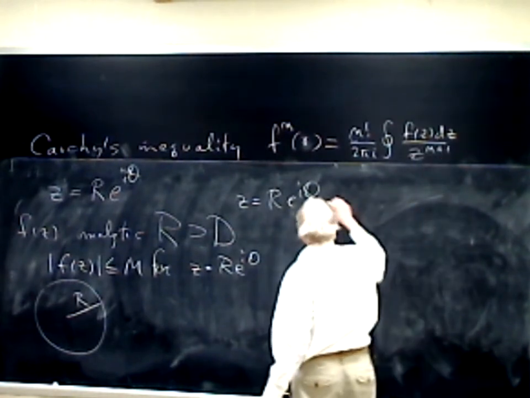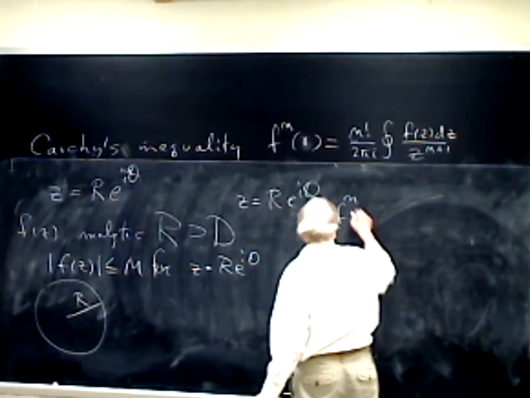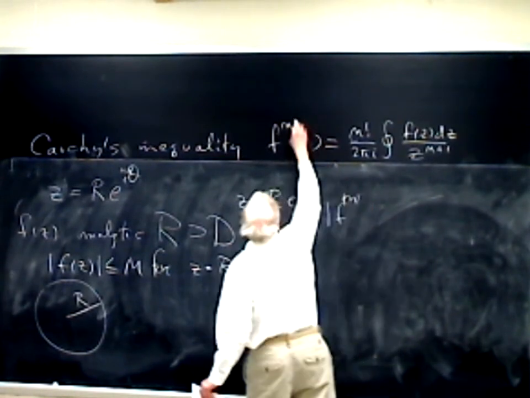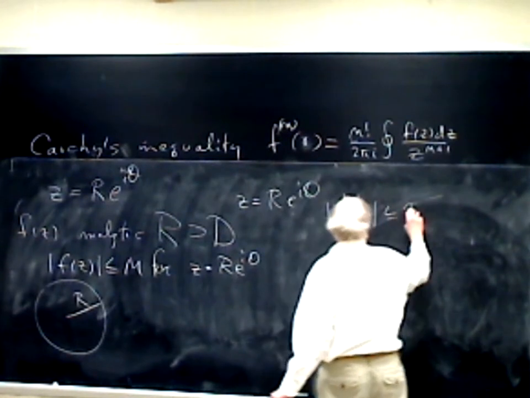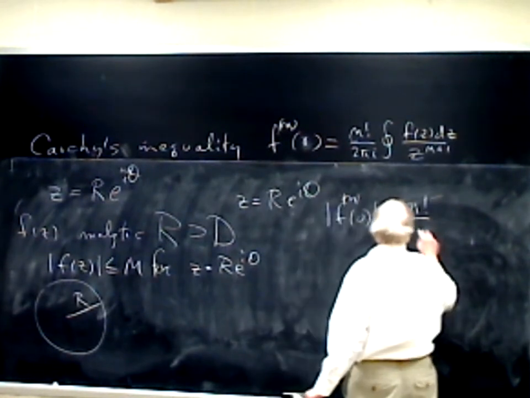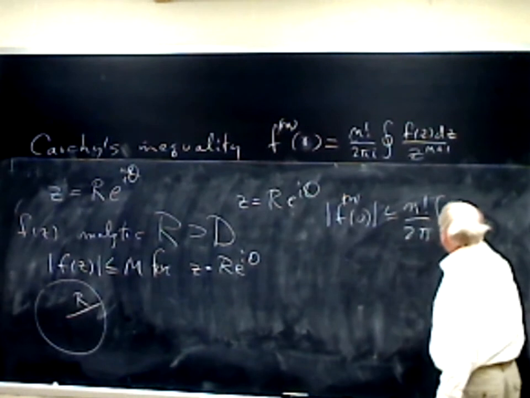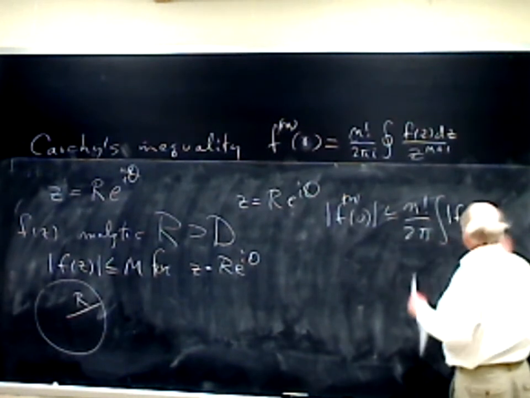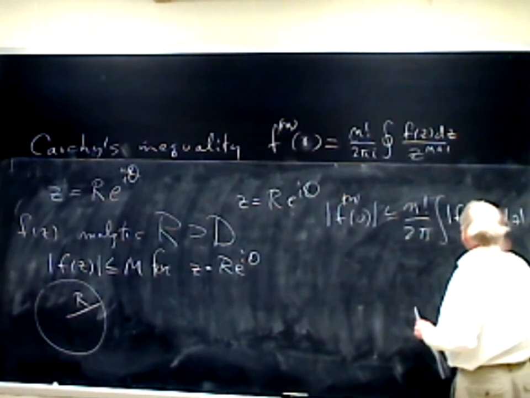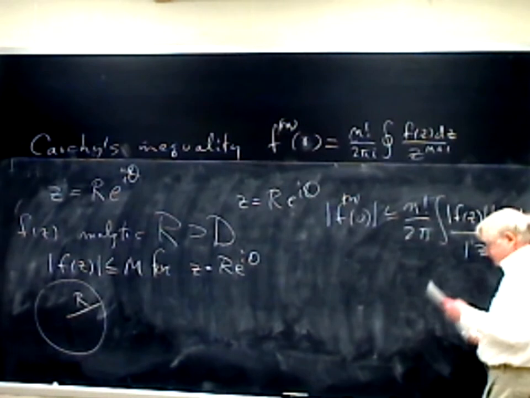We can take the absolute value of that and get the inequality. The nth derivative at 0 is less than or equal to n factorial over 2 pi times the integral of the absolute value of f of z, dz over the absolute value of z to the n plus 1.